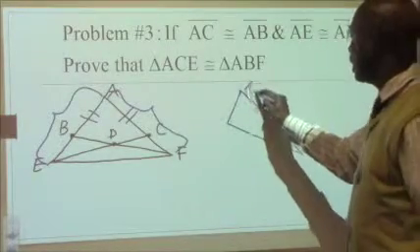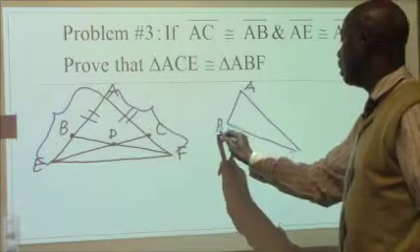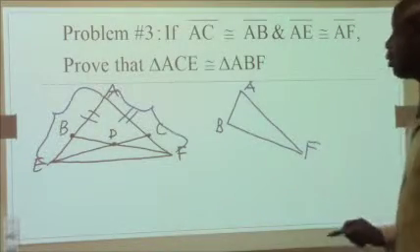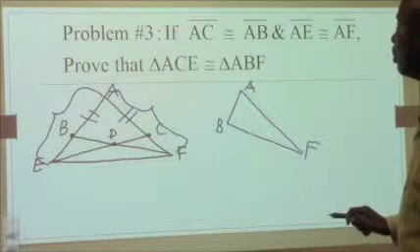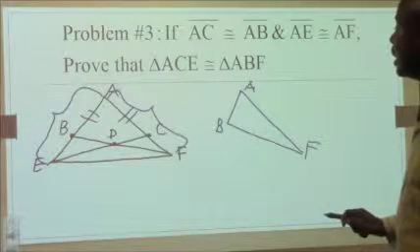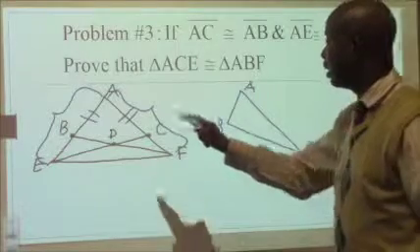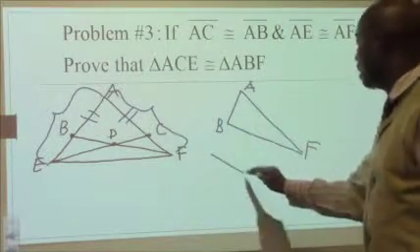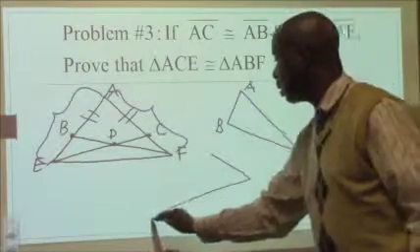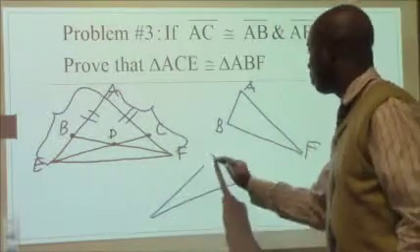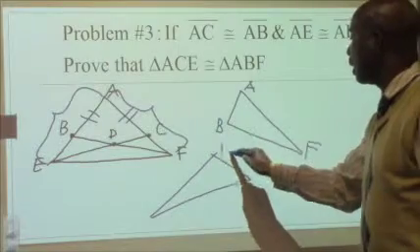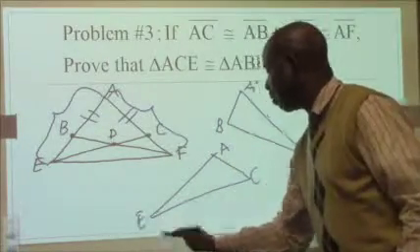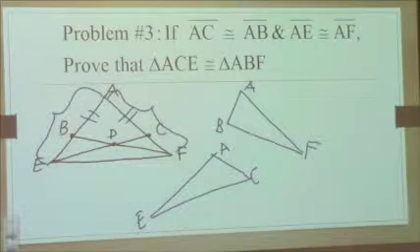I do A, B, F, and then the other one I'm trying to prove is ACE. So I put A, C, E. Now, having separated like this, I can do my marking.